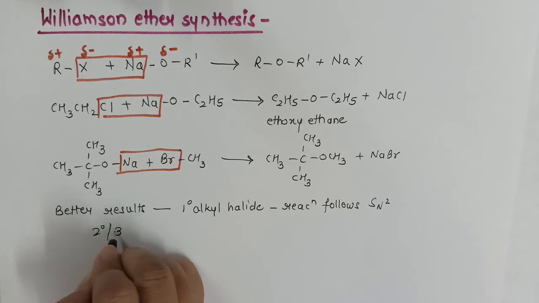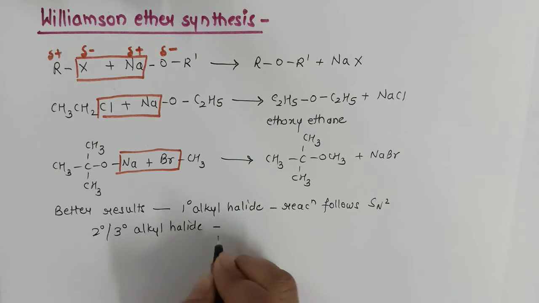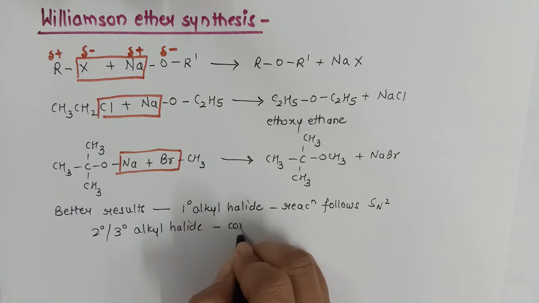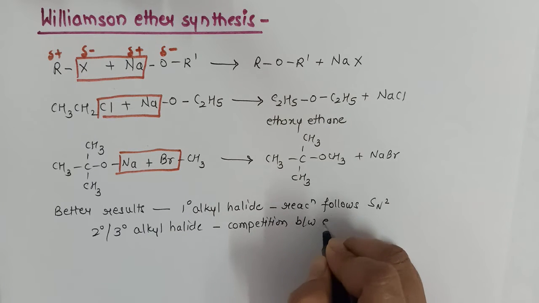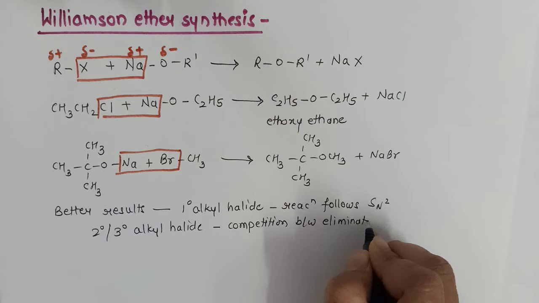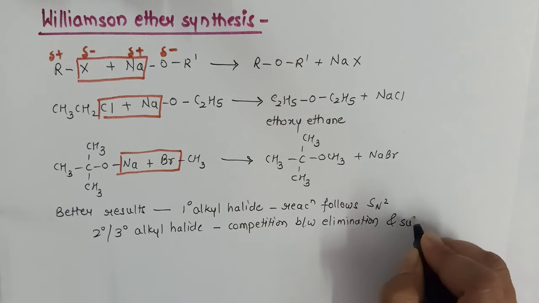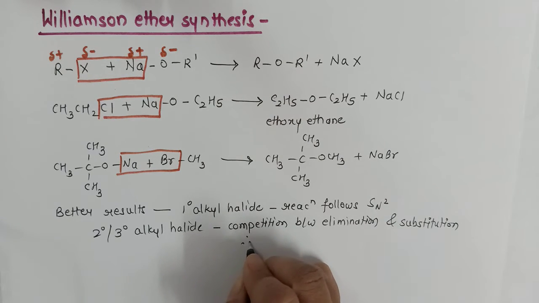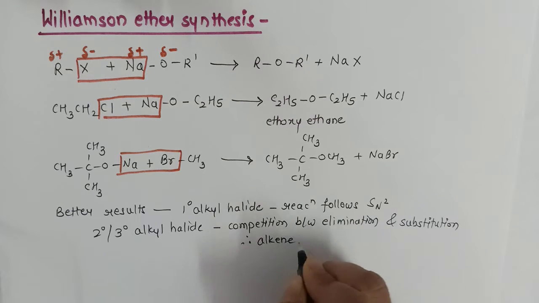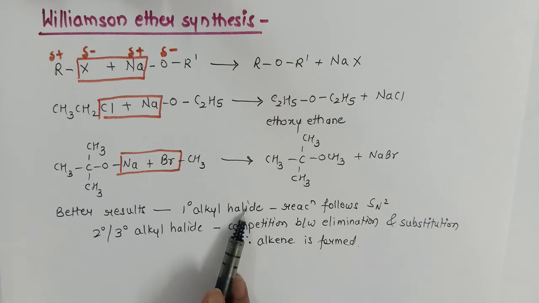If we are using 2 degree or 3 degree alkyl halide, then sometimes there is a competition between elimination and substitution, and therefore instead of ether, alkene is formed, and that's why we say generally better results are obtained with 1 degree alkyl halide.